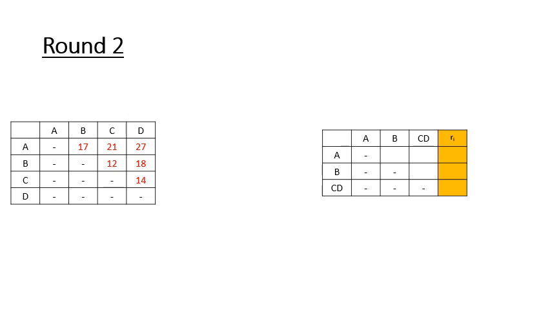So here also, since we have combined C and D via node U, the new distance matrix will have C and D together. So we have to compute these values and also the r prime I values here.